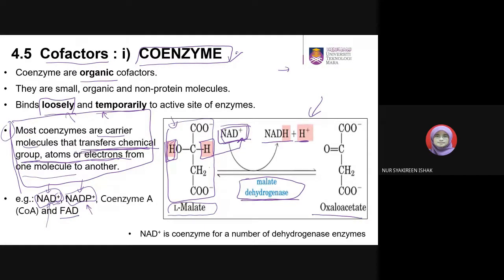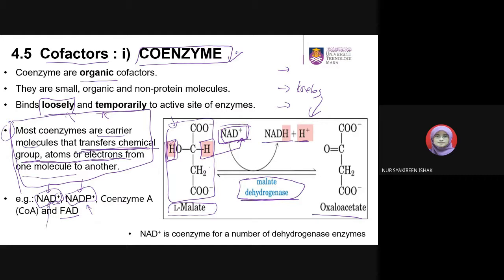It consists of glycolysis, pyruvate decarboxylation, and then the third one is the Krebs cycle, and the fourth one is oxidative phosphorylation.